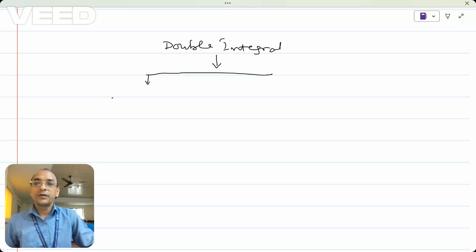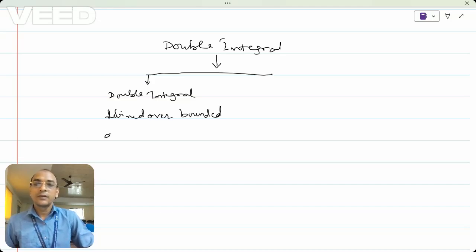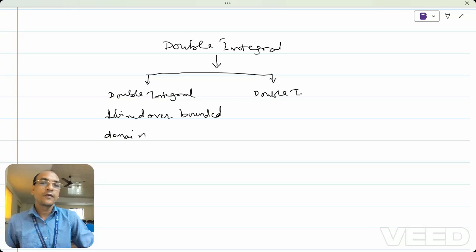First one is double integral defined over a bounded domain, and the second type is double integral defined over a bounded region.